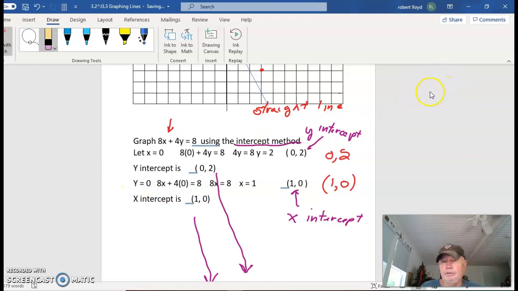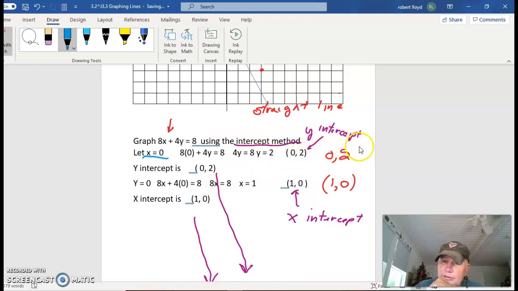So in the intercept method, we simply let x equal 0 and solve for the y. So again, when x is 0, you'd end up with 4y equals 8. Divide both sides by 4, y will equal 2.